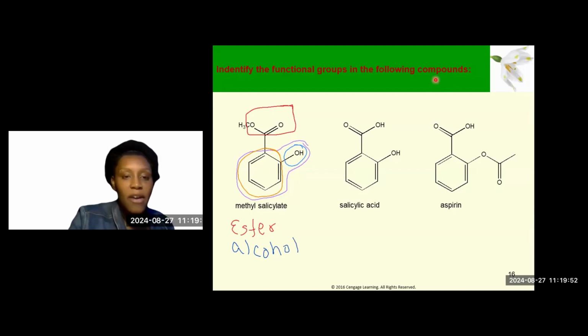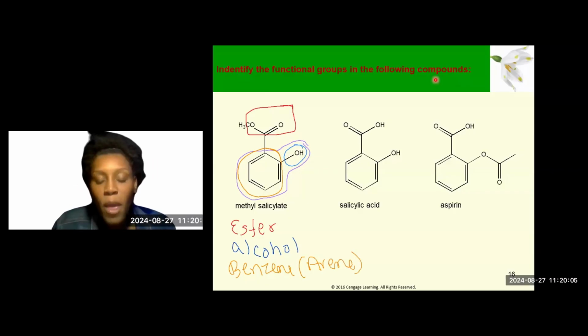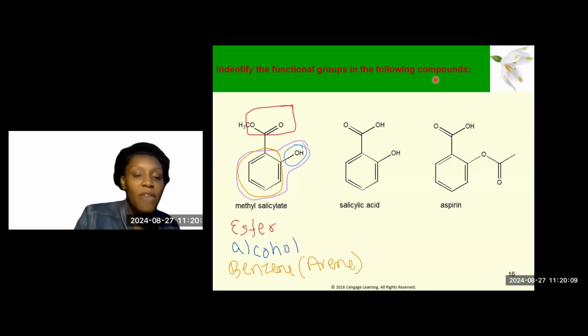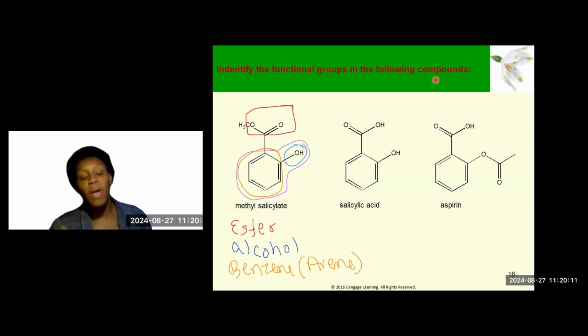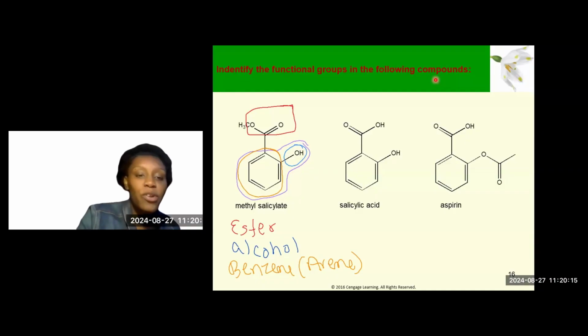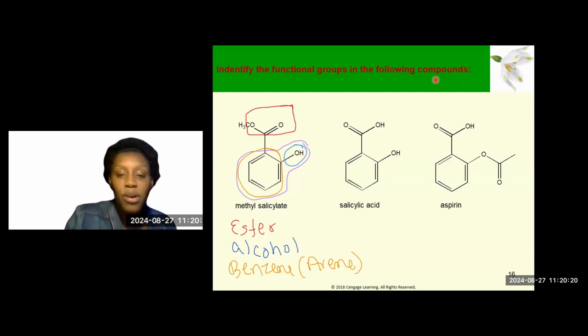And then last we have our benzene, or you can call it an arene. Now, why did I color it purple? Well, the reason I have the purple there is because whenever you have an alcohol or an OH group attached to a benzene ring, we actually refer to that, because it has its own functionality, as a phenol.